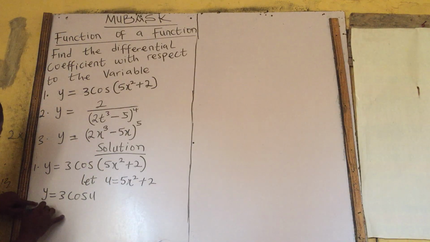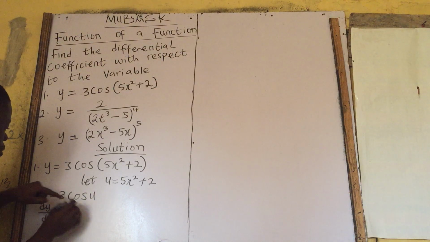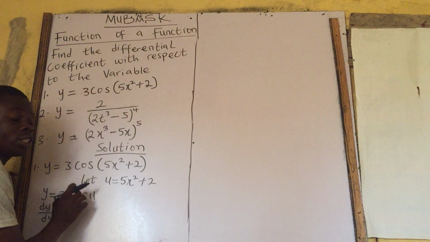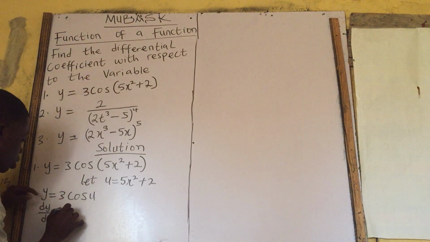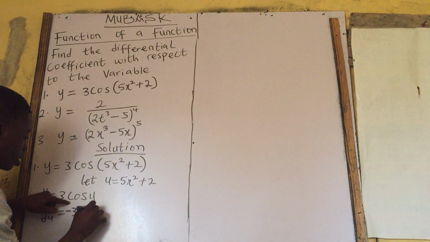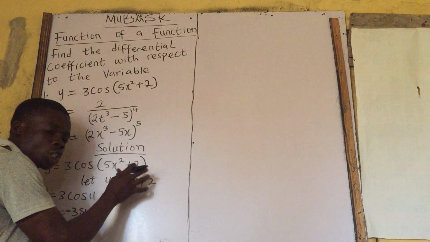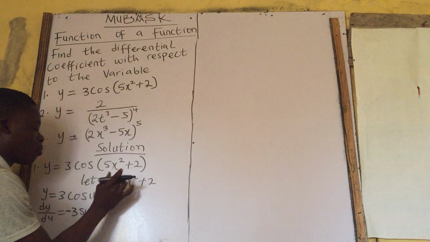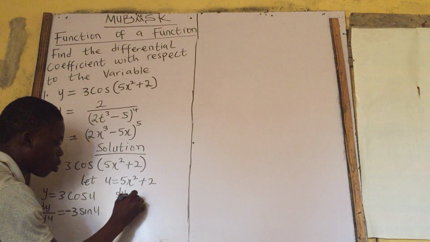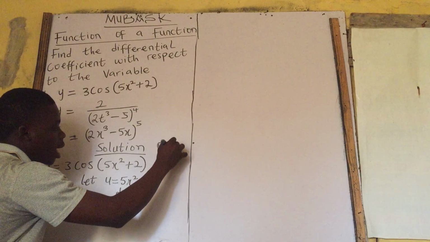By differentiating this, dy over du equals what? If we differentiate 3 cos u from the differentiation table, it will be minus 3 sin u. Then we have to differentiate our function also. du over dx equals what?